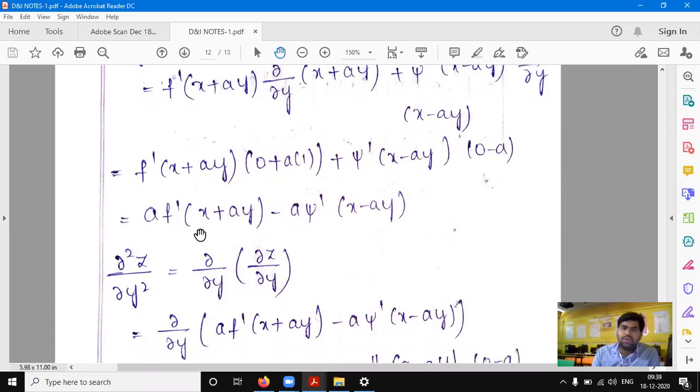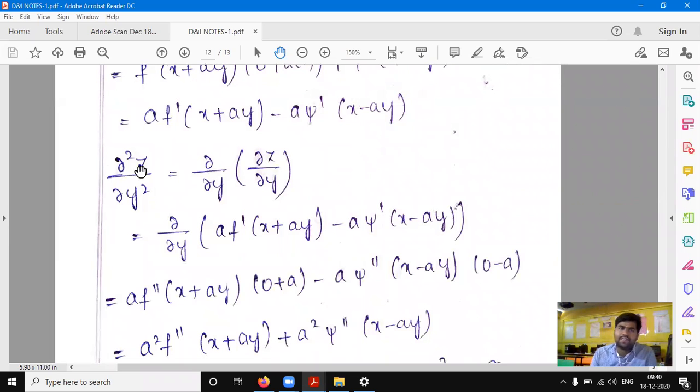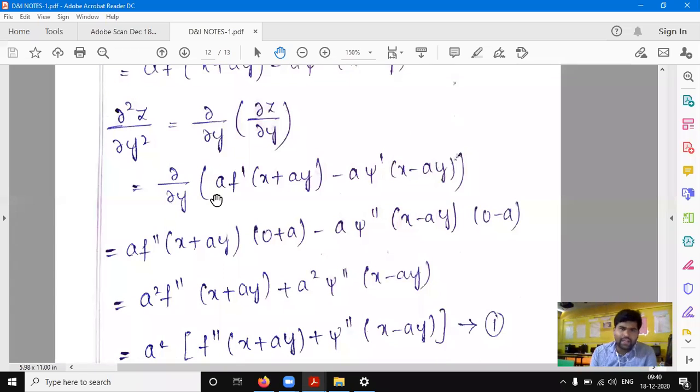This is ∂z/∂y, but we actually need ∂²z/∂y², which is ∂/∂y of ∂z/∂y. So ∂/∂y of a f dash of x plus ay minus a psi dash of x minus ay; again we differentiate partially with respect to y.